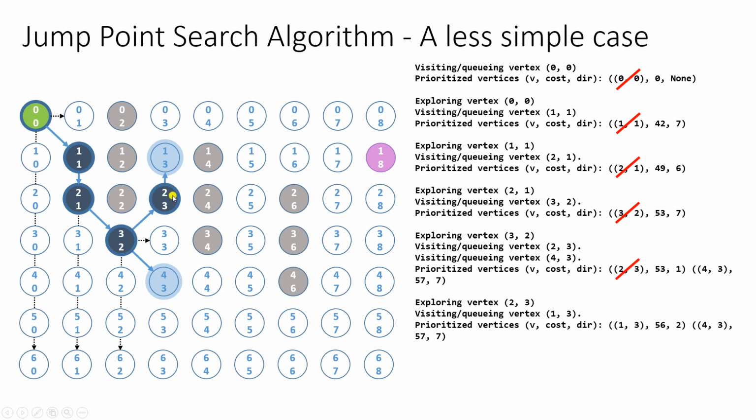We are trying to go diagonally to preserve our direction. We couldn't do that. We couldn't do a movement to the right, but we could do a movement upwards. And by this movement upwards, we have discovered vertex 1, 3. This is a jump point as foreseen earlier, because vertex 1, 3 is next to the vertex 1, 4.